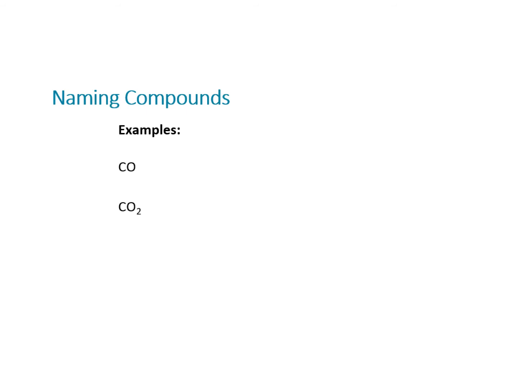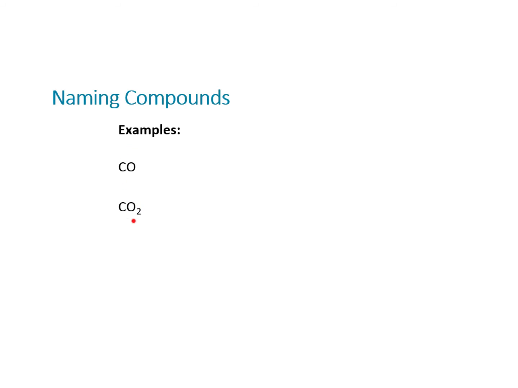Because our rule number 1 says we use carbon, and then we would say oxide, but both of these would be carbon oxide by that rule. But they're not the same thing. So we want to add something to each one so that we can distinguish between them. And so if there's only one, we use mono. If there's two, we use di.